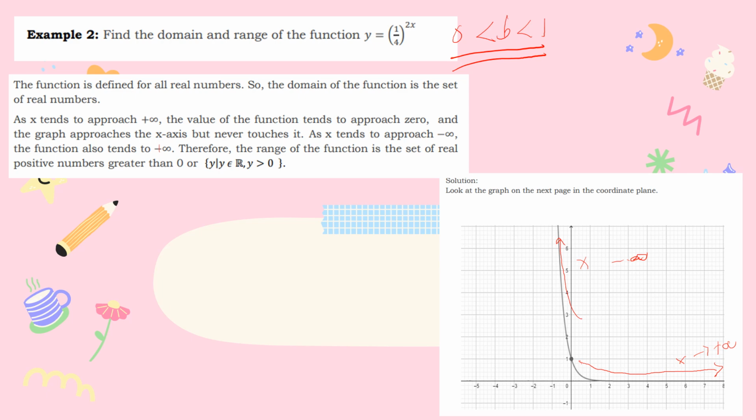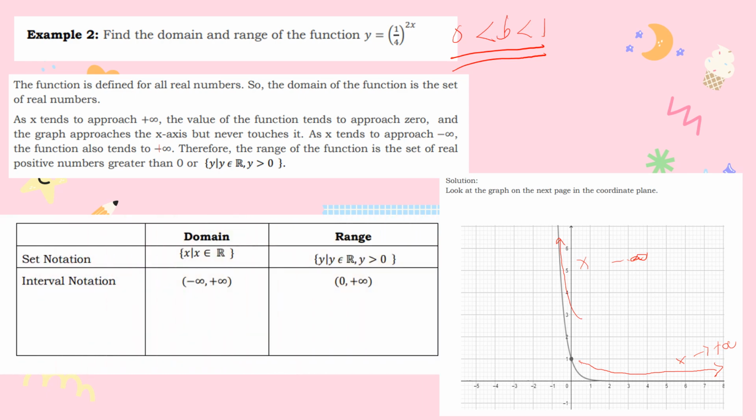The range of the given function is the set of real numbers greater than 0. So, ang domain natin are elements of real numbers from negative infinity to positive infinity. The range are real numbers also, but y is greater than 0. So, meaning 0 to positive infinity.